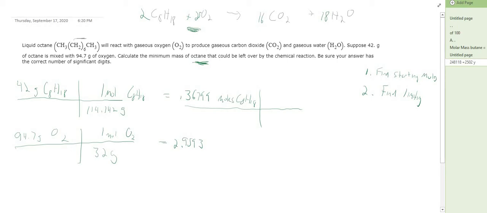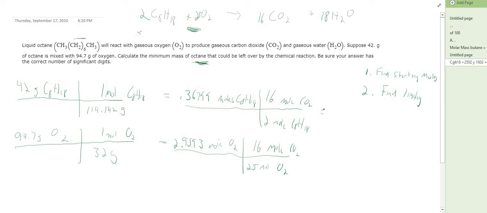So I know that for every 2 moles of octane, I'm going to generate 16 moles of CO2. And for the oxygen, for every 25 moles of oxygen, I'm going to generate 16 moles of CO2.